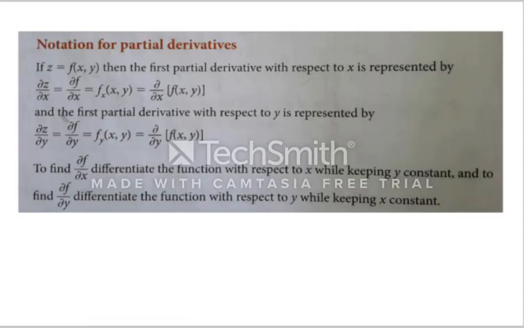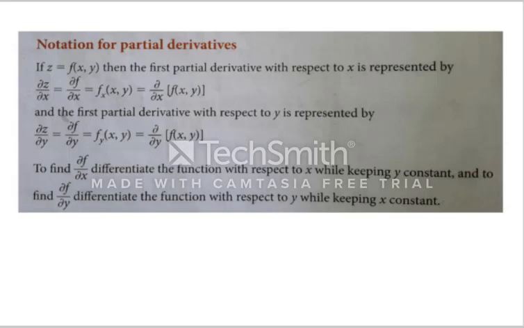Notation for partial derivatives. It says if z is some function f of x and y, then the first partial derivative with respect to x is represented by delta z delta x. Delta z delta x is the first partial derivative of z with respect to x.